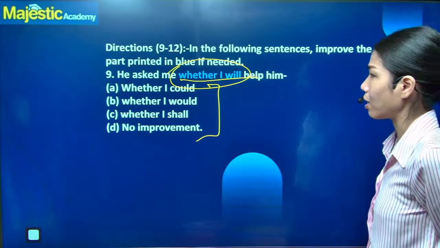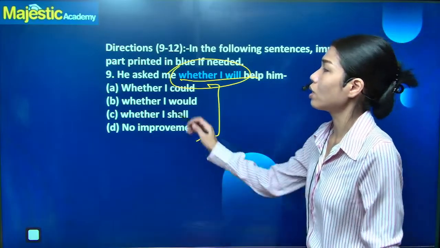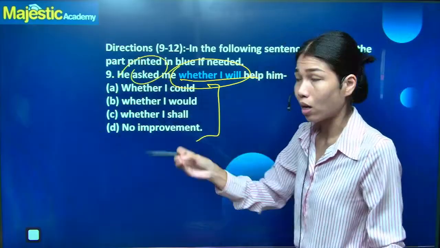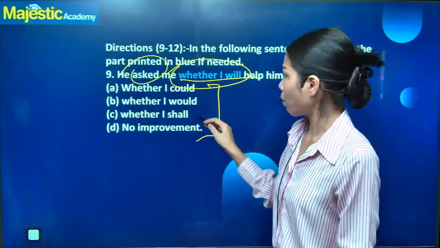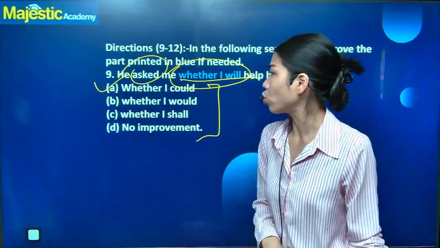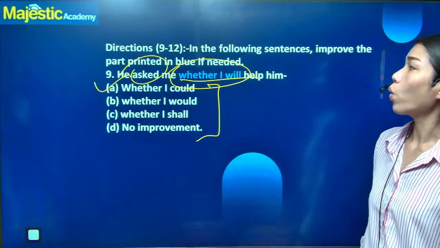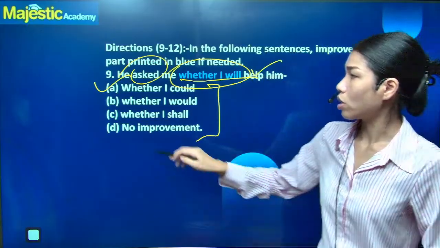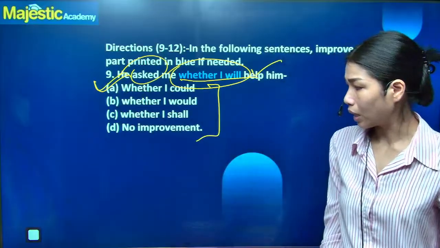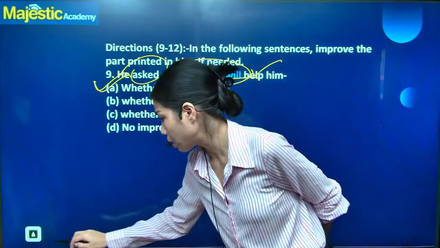In this case, if we read the question, it is already in the past tense. He asked. So that means the action has already been done. So in the past tense, we will have to use, he asked me whether I could help him. Okay, so that means option A would be the correct answer for question number 9.